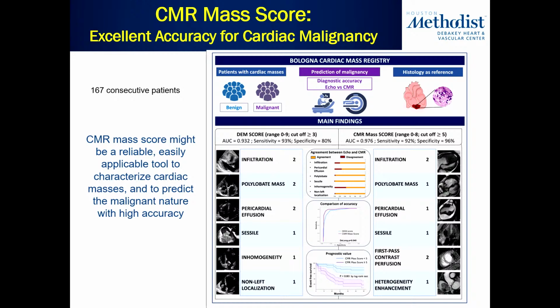And this is a study that was recently published. It's called the CMR mass score. A lot of this is common sense relative to what we've seen in the literature.